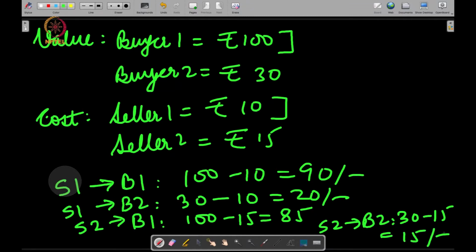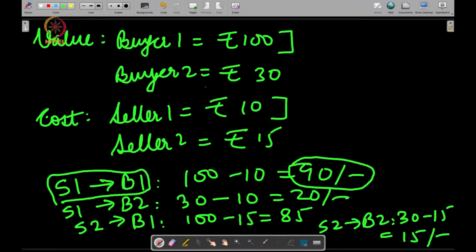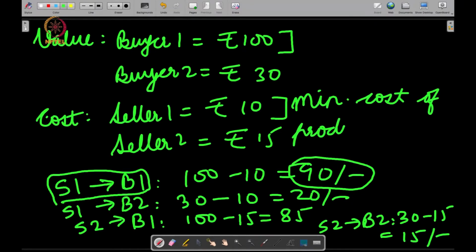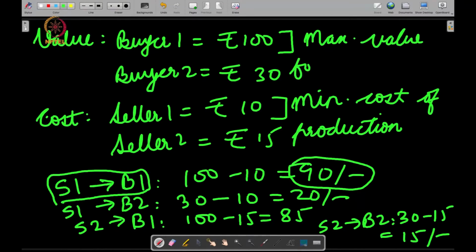And when it goes from seller 2 to buyer 2, the total surplus is 30 minus 15, which is 15 rupees. Now what we are observing here is that the total surplus is a maximum of 90 rupees when it goes from seller 1 to buyer 1. In this case, seller 1 is the one with the minimum cost of production, and buyer 1 is the one that has the maximum value for the good.